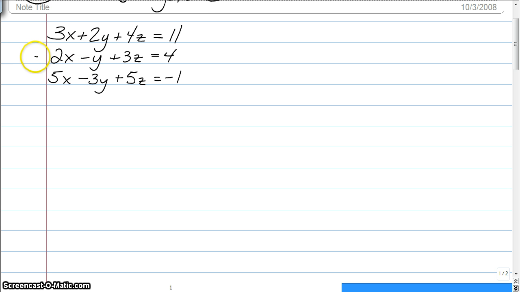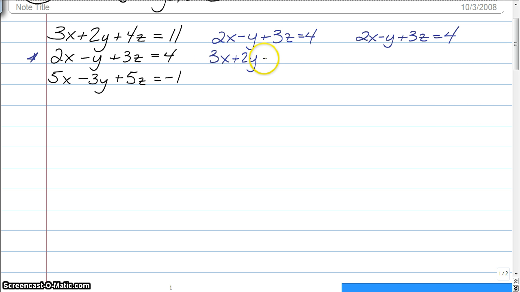And when you find that easy one, what you want to do is write that exact same equation twice. So we have 2x minus y plus 3z equals 4, and we write it twice. And then you're going to write the first one with one of the other equations, and then you're going to write the last one with the other one. So from there, remember we said y is the easiest to work with.